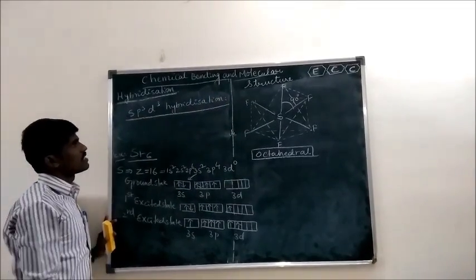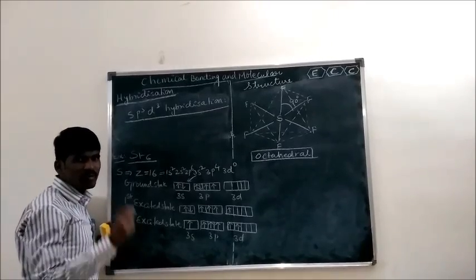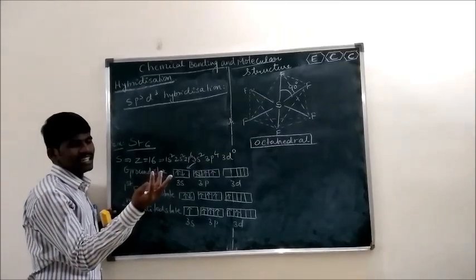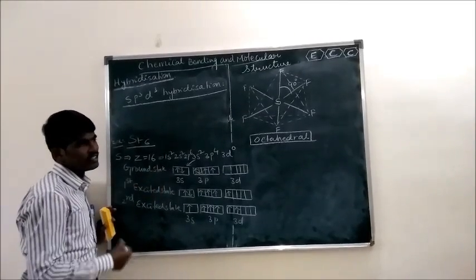On the whole, if you consider, it is the sixth type of hybridization, but for d orbitals it is the third type: sp3d, sp3d2, sp3d3.